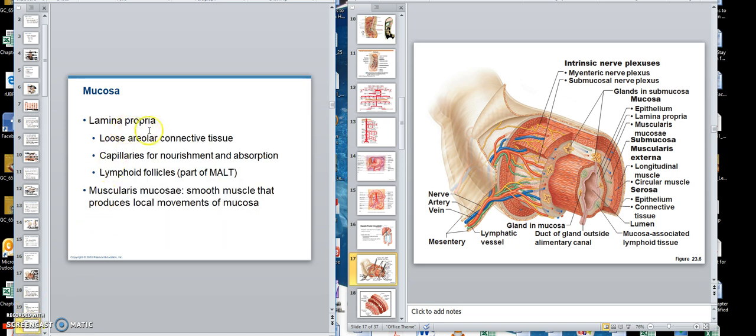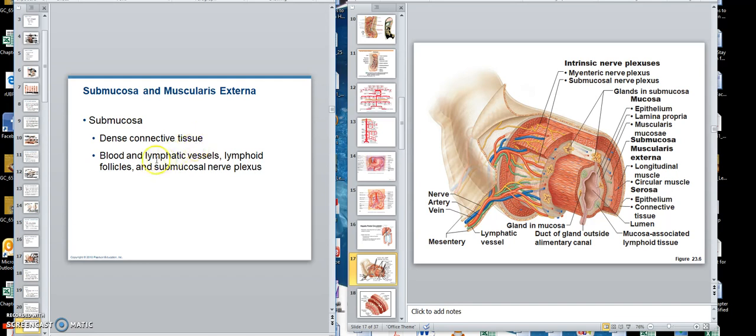Okay, lamina propria, loose connective tissue. Areolar is another name for loose connective tissue. Lymphatics, the MALT, mucosal associated lymphoid tissue. Remember we talked about that? Capillaries for nourishment and absorption. Muscularis mucosae produces local movements, the little rippling waves I mentioned.